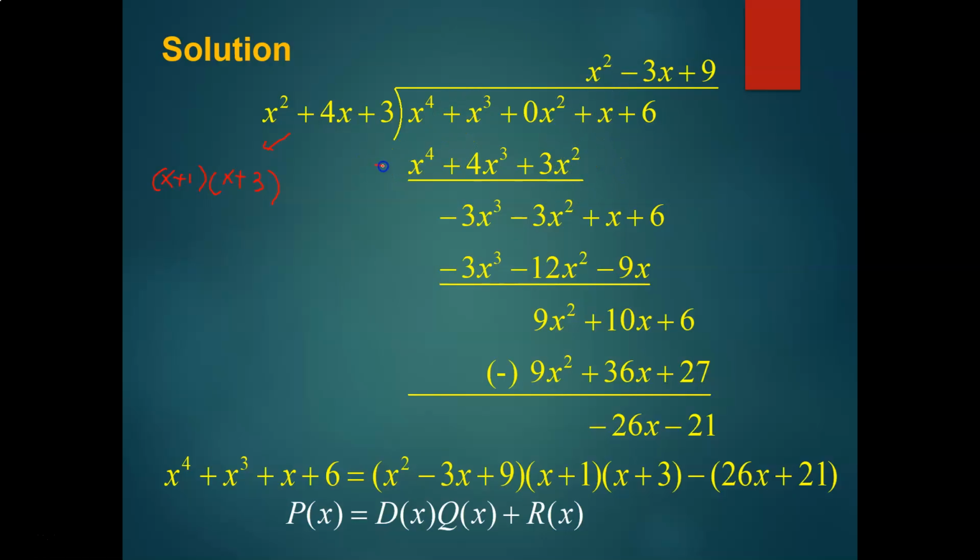Barulah you minus dia. Tolaklah dia. X to the power of 4 minus x to the power of 4, kosong. X cube minus 4x cube, you get 3x cube. Ini pun tolak. 0x square minus 3x square, you get negative 3x square.